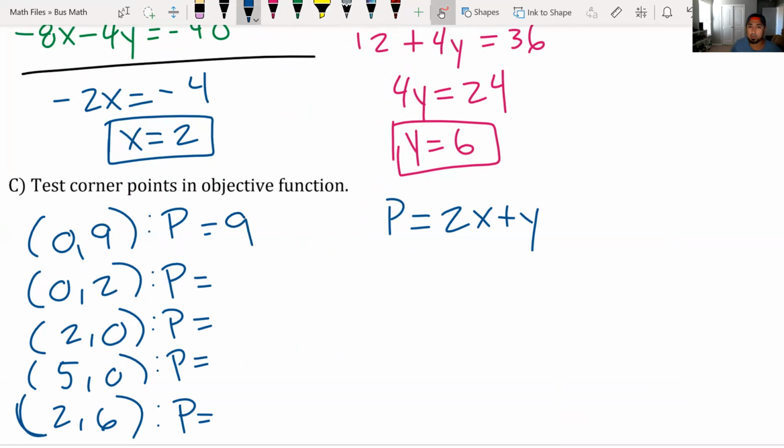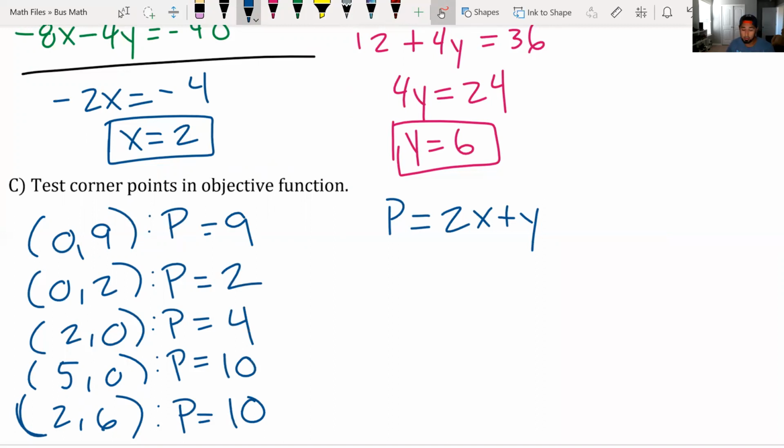If I plug in 0 and 2, p will equal 2. If I plug in 2, 0, p will equal 4. If I plug in 5, 0, p will equal 10. If I plug in 2, 6, I'll get 4 plus 6, which will give me 10.